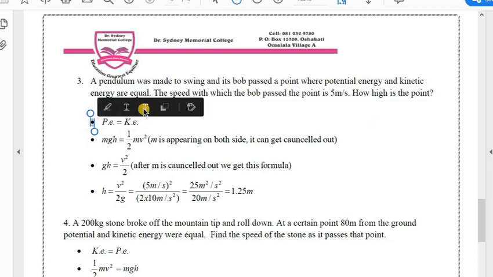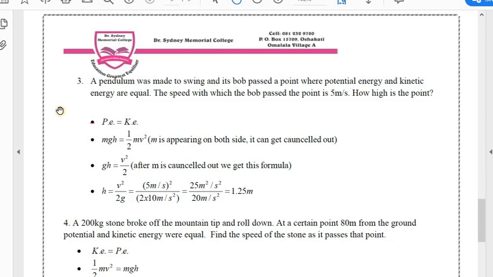That's the equation that you see here: PE is equal to KE. The speed with which the bob passed the point is 5 meters per second. Speed, not acceleration. Remember what speed is? Distance covered over time taken, distance in meters, time in seconds, formula meters per second.